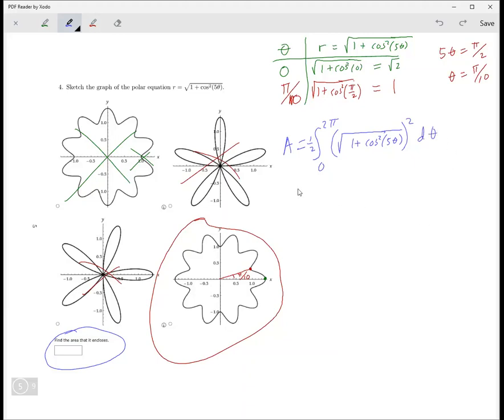So that gives me that, and then of course that's just 1 plus cosine squared of 5 theta. And again, we're going to use the identity, cosine squared of theta. Let's use an x this time because we don't have a theta right here.